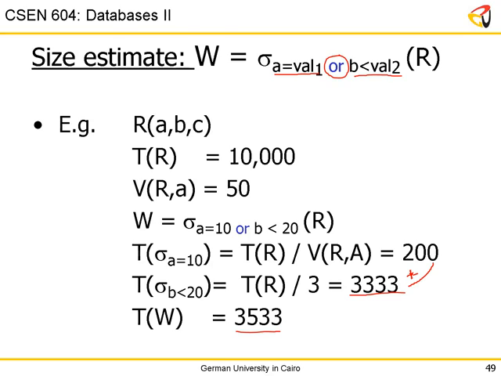All that match this from R is going to be 200. All that match this from R is going to be 1/3 of 10,000. And I add them up. So this is an addition. That's why you see the number 3,533. Again, because this is an OR, anything that matches here or here is with me in the results. This is the rationale of the term OR.